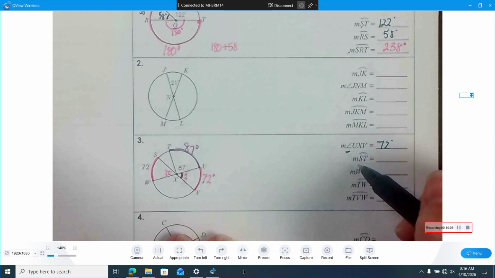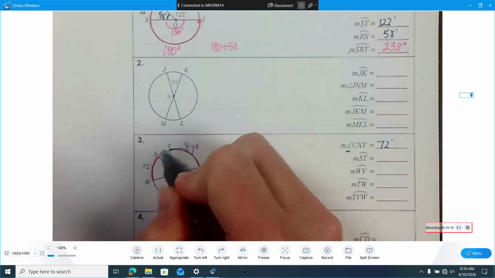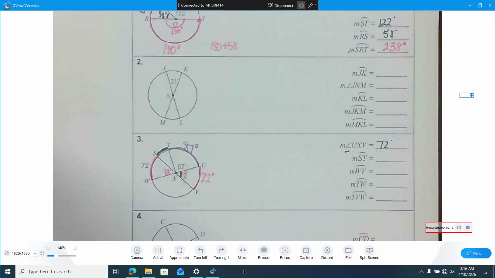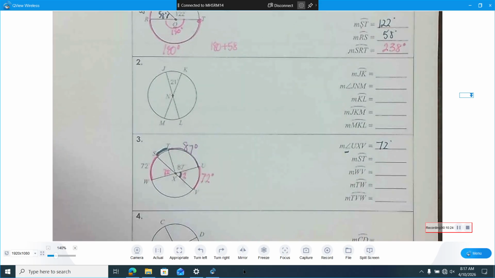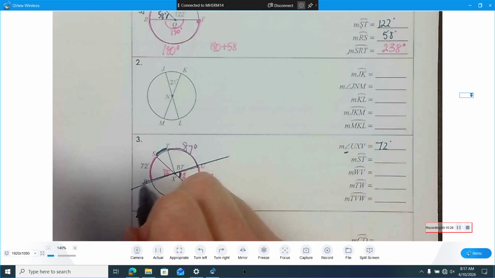And the measure of arc ST. How are we going to figure out this arc right here, arc ST? But what about this piece? You don't know that piece. Very good. This is important to see that we do have a diameter right here.